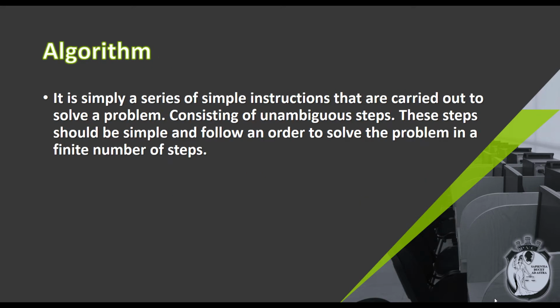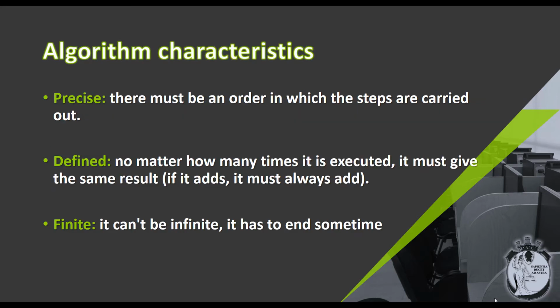Okay, you need to create the algorithm. It's a simple series of instructions that are carried out to solve the problem. Well, an algorithm needs to be precise. There must be an order in which the steps are carried out. It's very important.